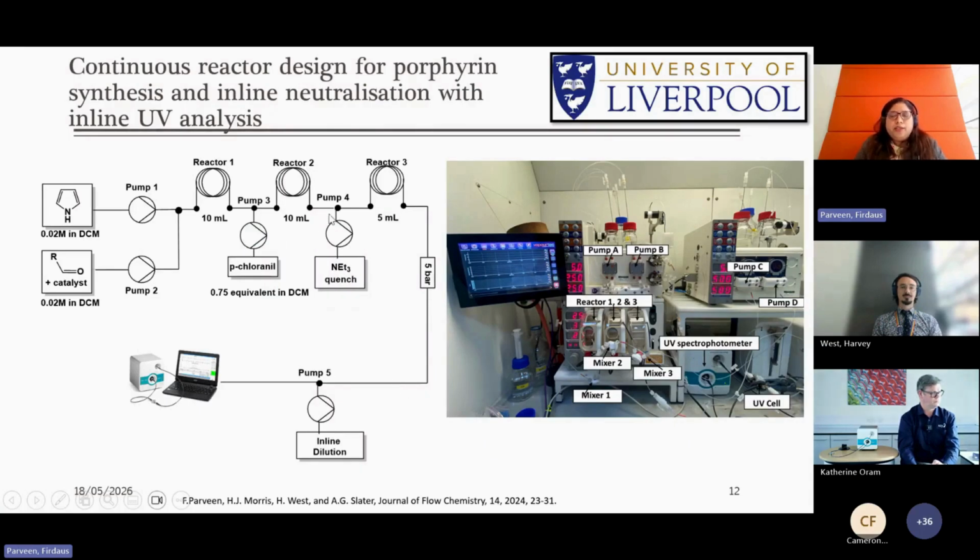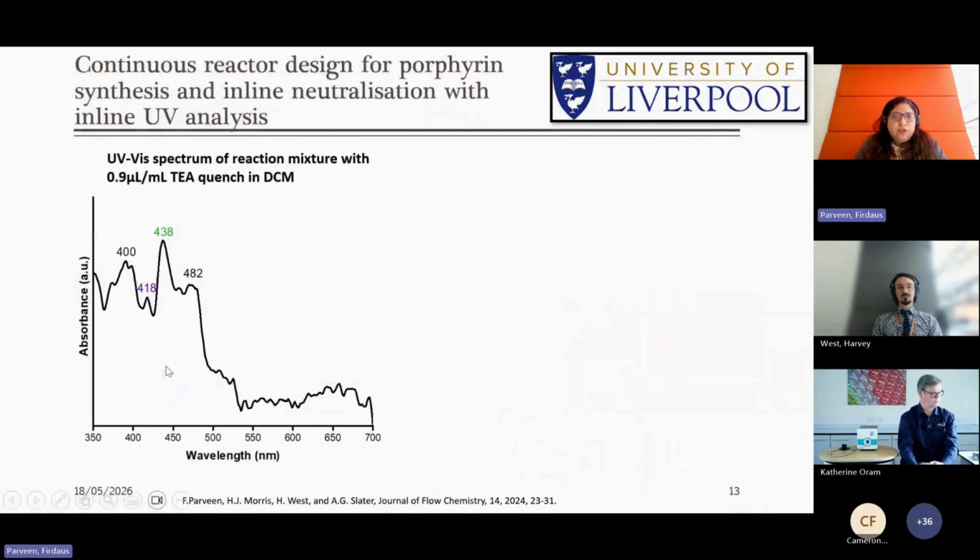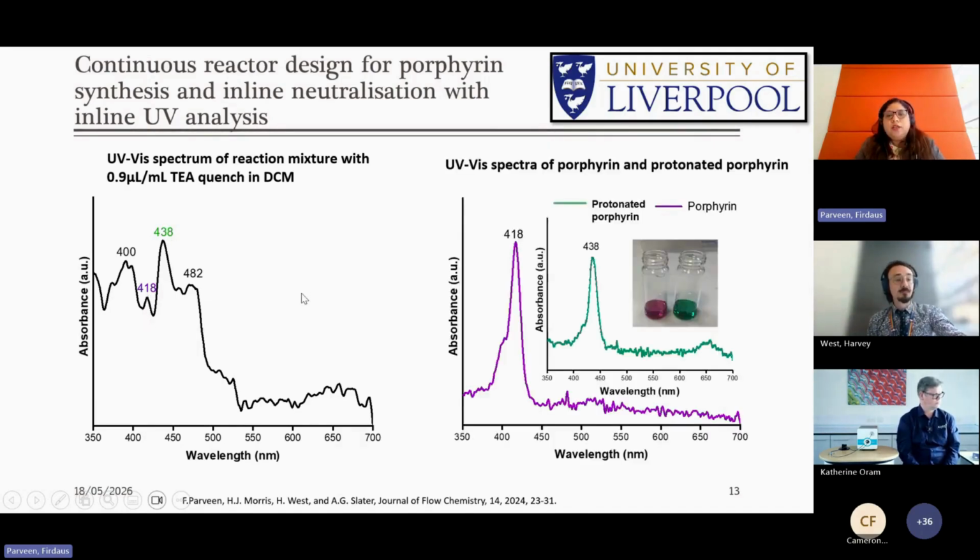We added inline neutralization, and we monitored the reaction with the Asynt FlowUV. While monitoring the reaction mixture, we found we were getting lots of peaks. To understand the peaks at 418, 438, 482, we ran the standards of porphyrin and protonated porphyrin, and immediately figured out that 438, which is the major peak in the reaction mixture, is coming from protonated porphyrin, and 418 is for the porphyrin.